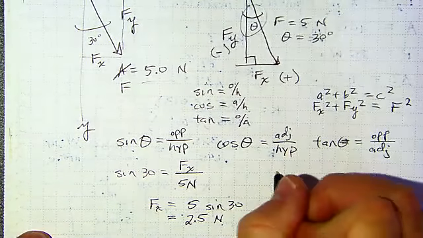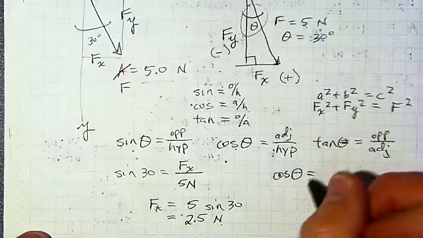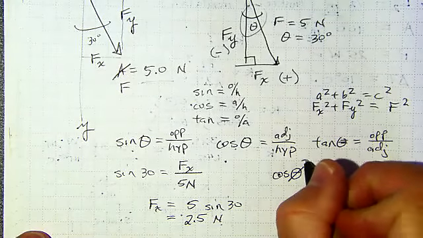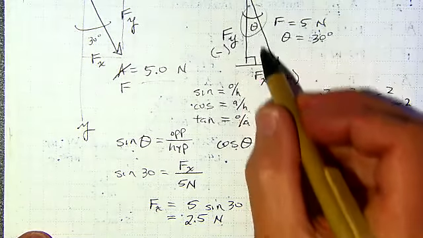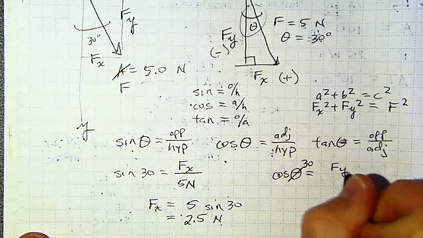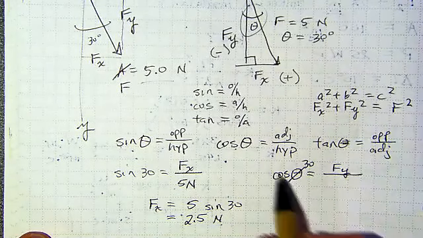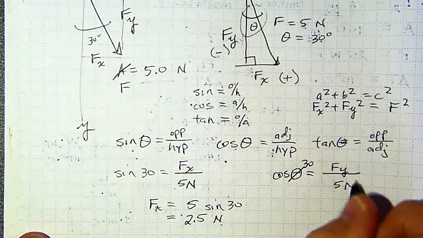And then you can use the cosine if you want. The cosine of 30, I should have written a 30, is equal to the adjacent to the theta, which is f sub y, which we don't know, divided by the hypotenuse, which is the 5 newtons.